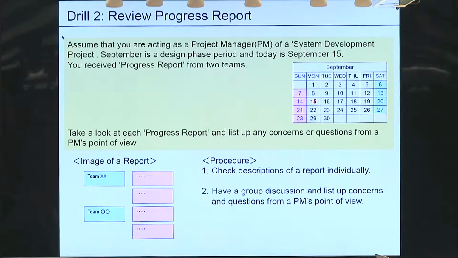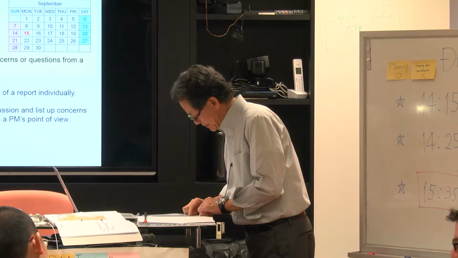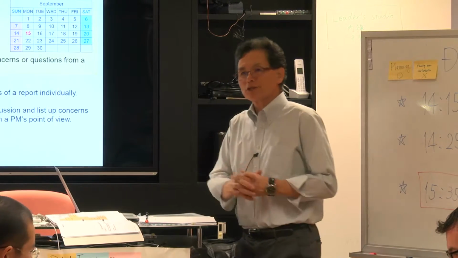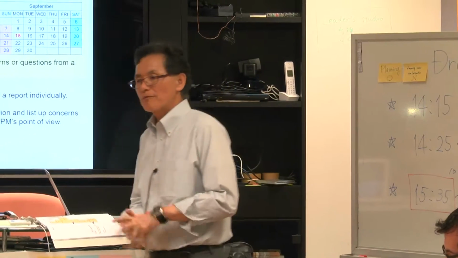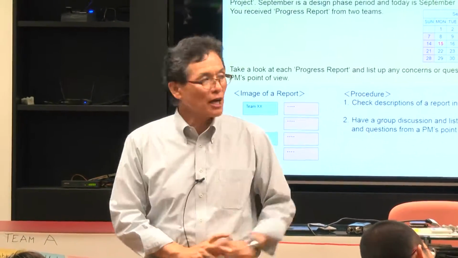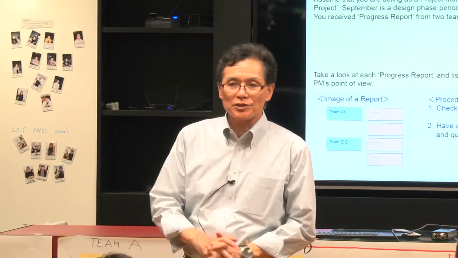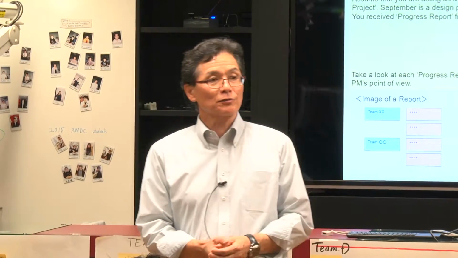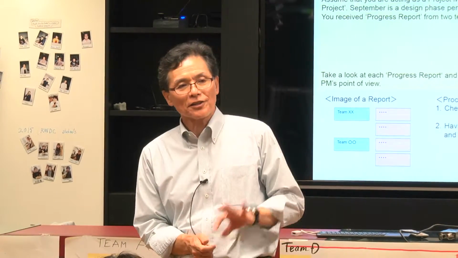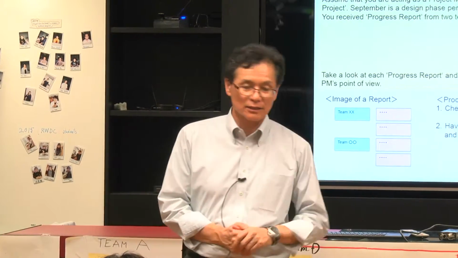Okay? So for individual read through, you have 5 minutes, and for group discussion, 30 minutes. Okay, I will put the timetable here. So please start individual reading first, then have a group discussion. Please assign another facilitator this time. So please rotate.